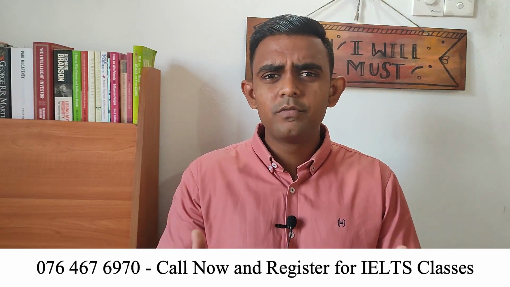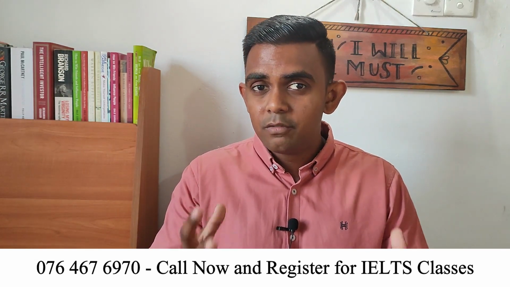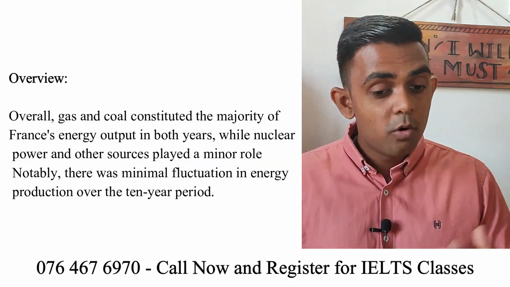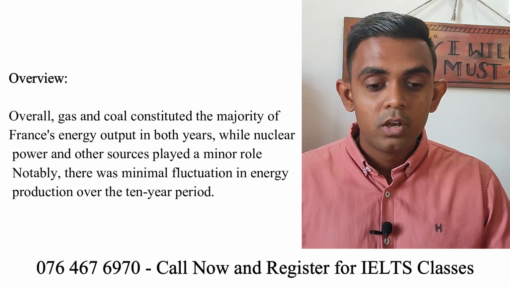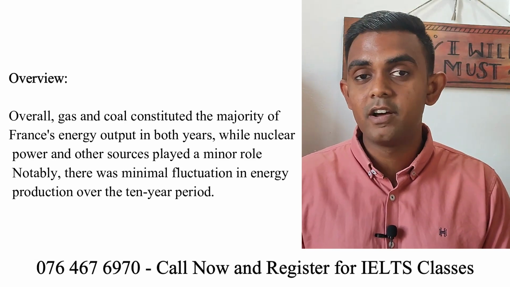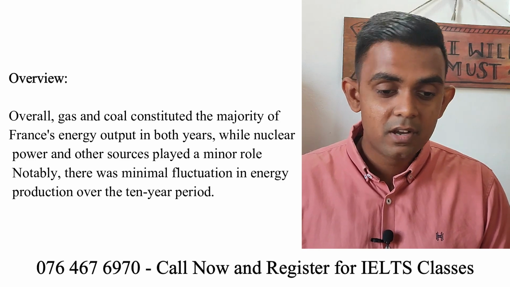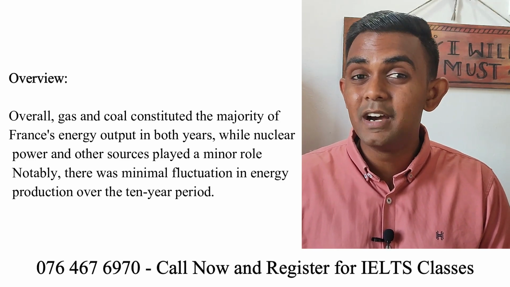So I told you the overview is the overall idea of what has happened across both charts. All right. So overall, gas and coal constituted the majority of France's energy output in both years, while nuclear power and other energy sources played a minor role.